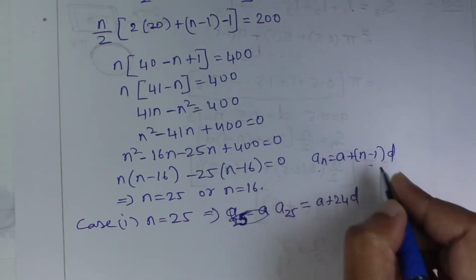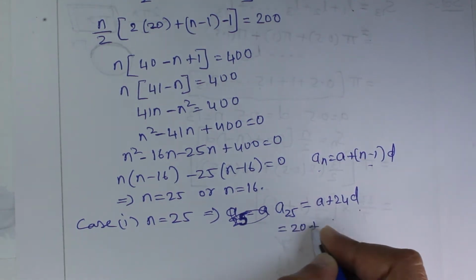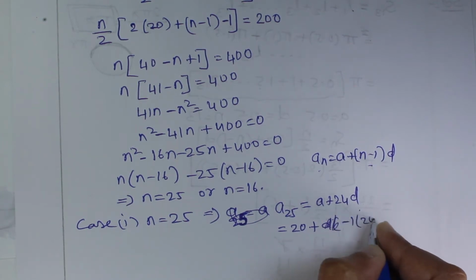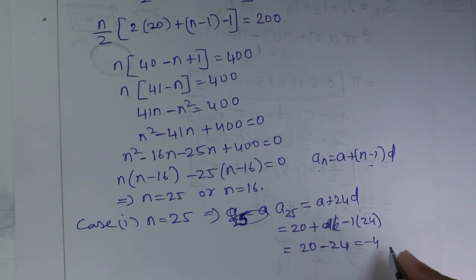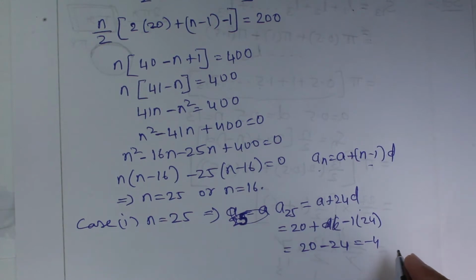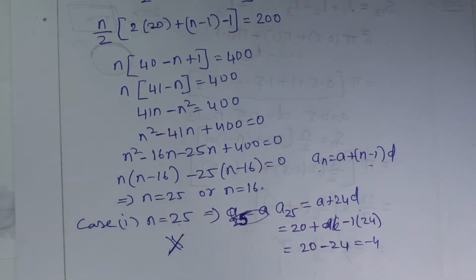So a25 is 20 plus 24 into minus 1, that is equal to 20 minus 24, that is equal to minus 4. So number of logs cannot be a negative number, right? So we do not consider this case, n is equal to 25.